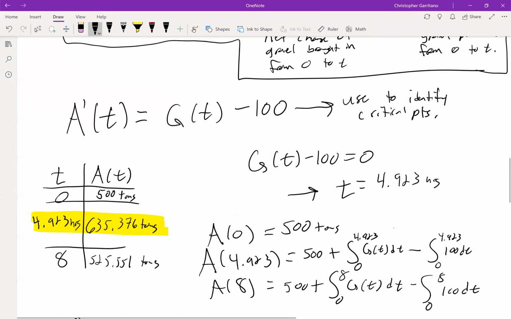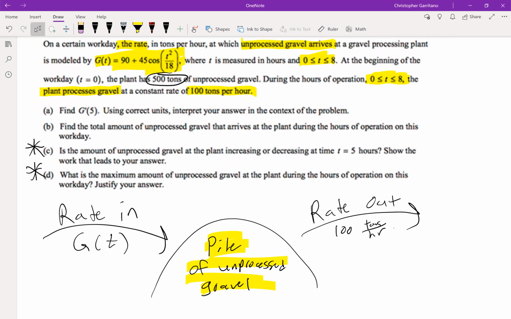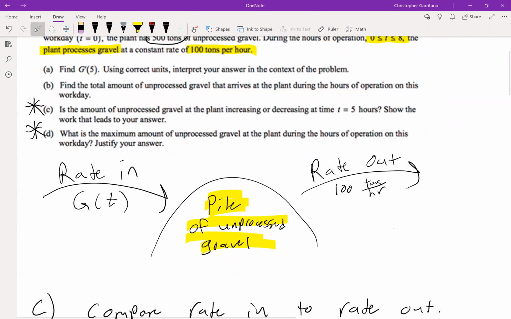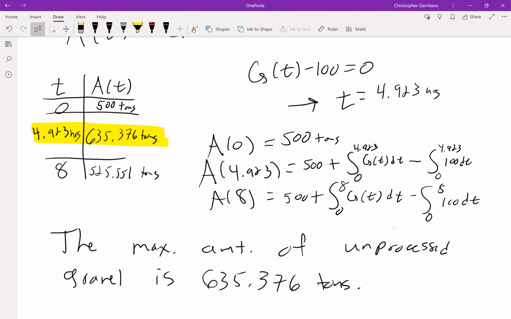All right, that answers the exact question they're asking. They said, what is the maximum, not when is the maximum. And the justification, of course, is this work that you see here.